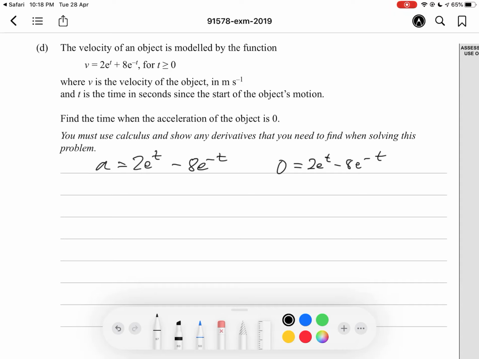So what can we do here? We can say that 8e to the power of negative t equals e to the power of t.